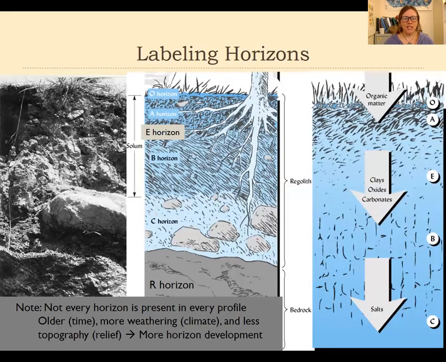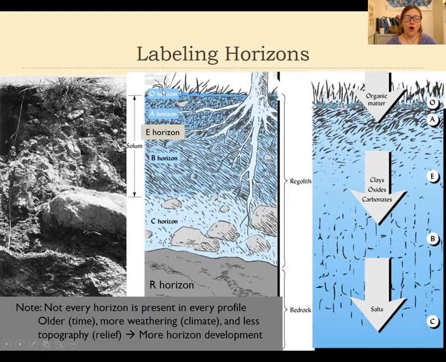So we label horizons with different letters, which is not a particularly creative way to label them. The basic makeup of the soil horizons is that there's an A horizon at the top, a B horizon in the middle, and a C horizon on the bottom. Around that, there's some variation.